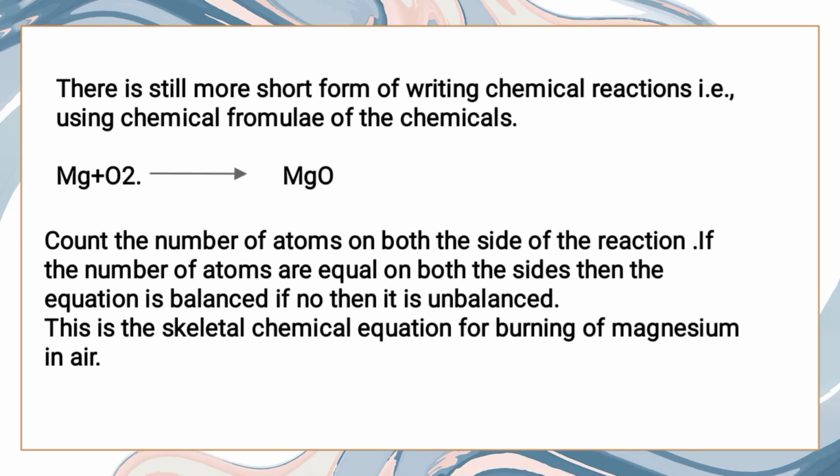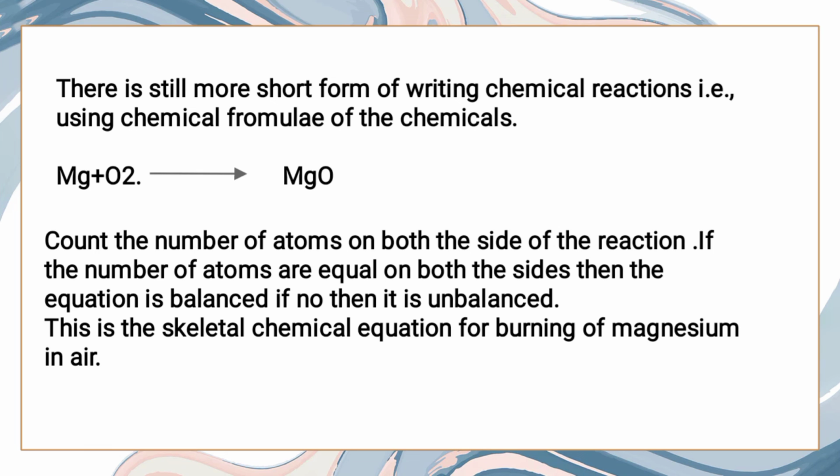We'll take the same example of magnesium reacting with oxygen to form magnesium oxide. Mg plus O2, where Mg is for magnesium ribbon and O2 is for oxygen present in air, which gives you magnesium oxide, MgO.